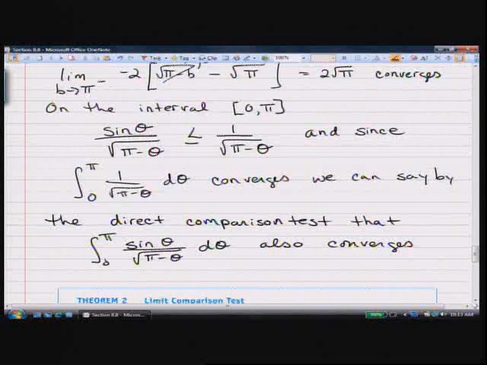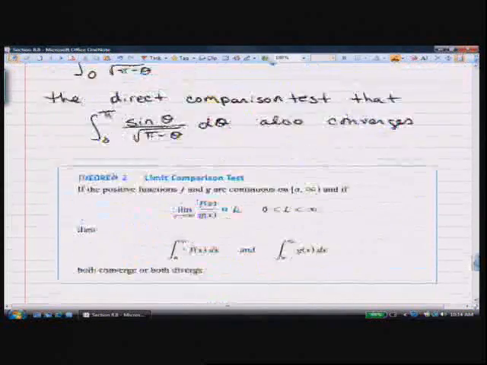Okay, there's another comparison test, called the limit comparison test. I will show you that one now. Let's look at the limit comparison test.